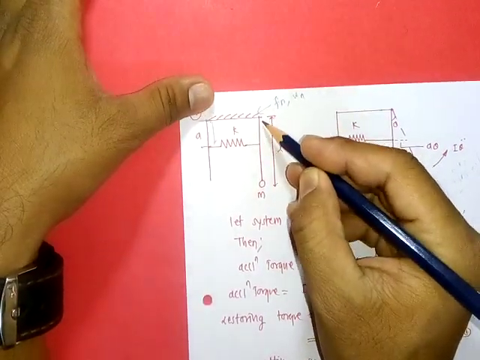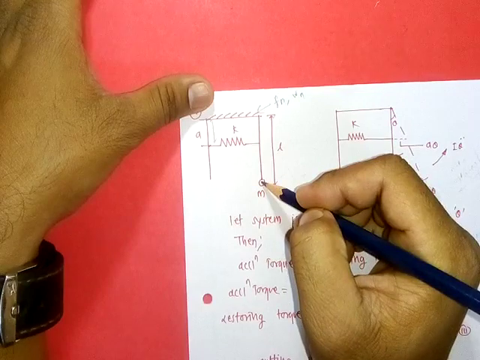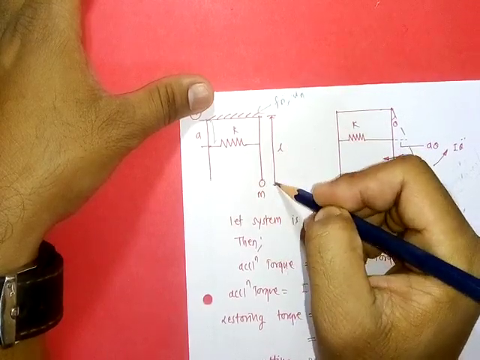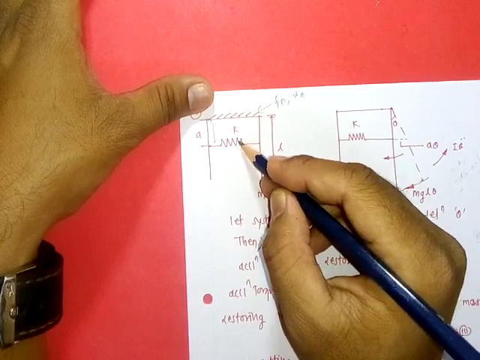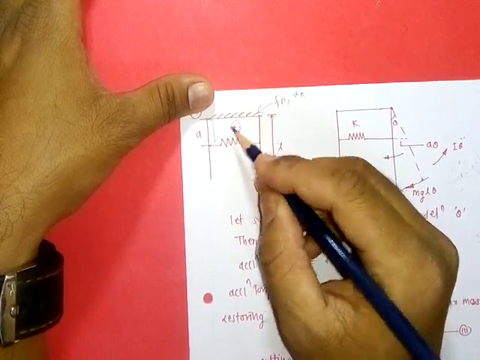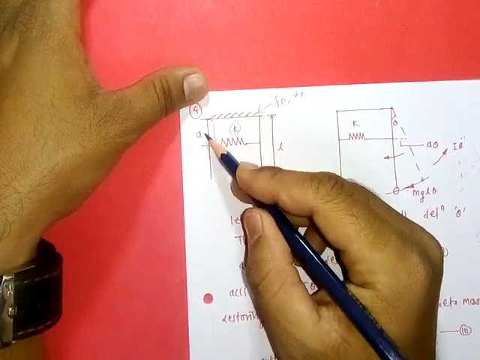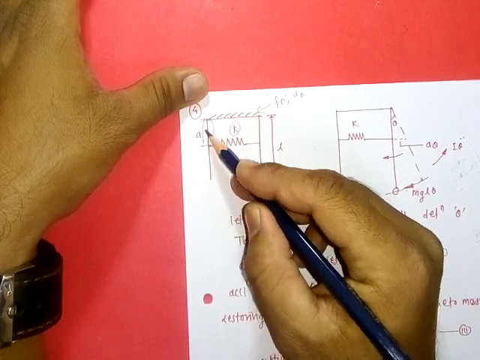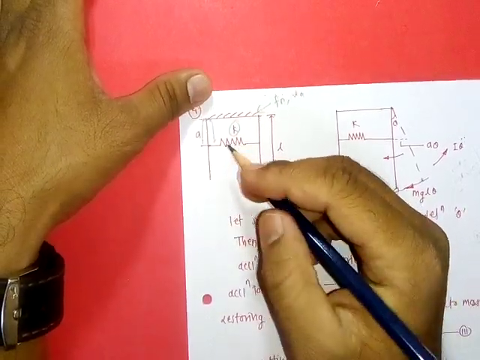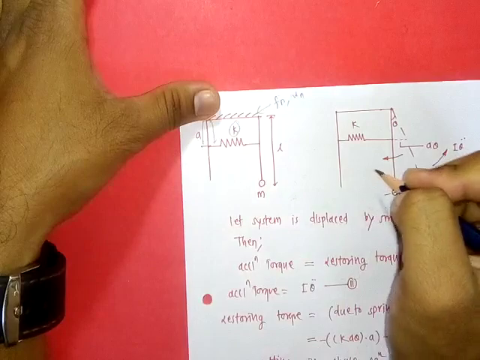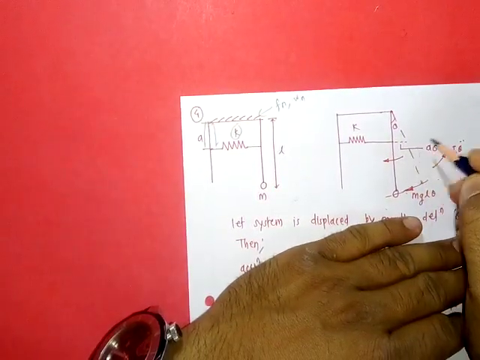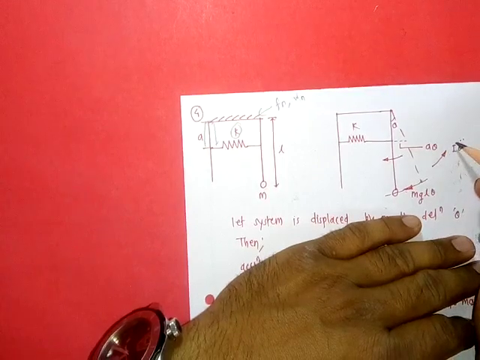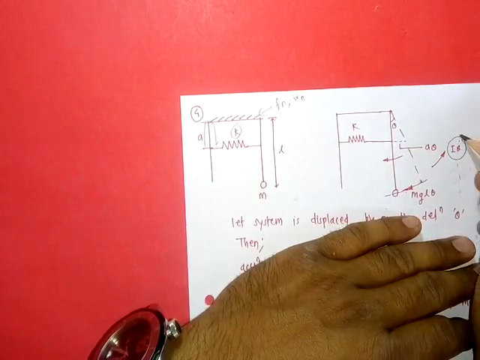In this arrangement, one mass is attached to a string of length L, and this string is connected to one spring having stiffness K, and this spring is at a distance A from the support. At any instant, if we deflect this system by an amount theta, then in the direction of motion it will get an accelerating torque.